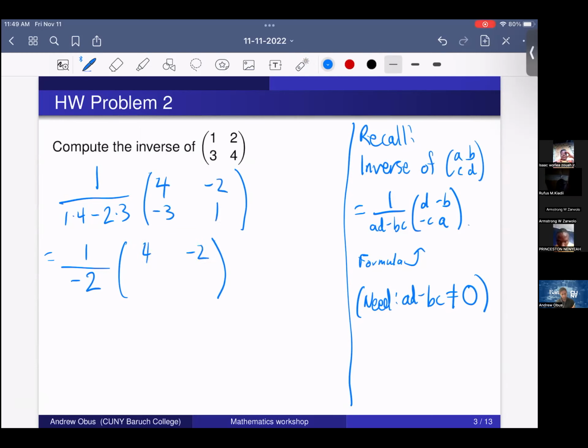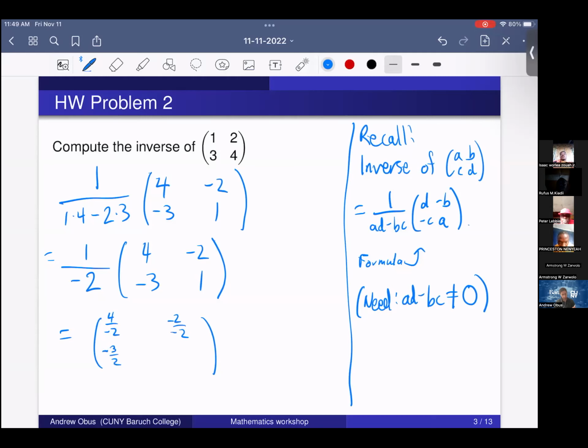Now, that will be equal to exactly. So this is going to be what? 4, -2, -3, 1. Right. Exactly. So that's how we've written it down. So 4, -2, -3, 1, divided by -2.